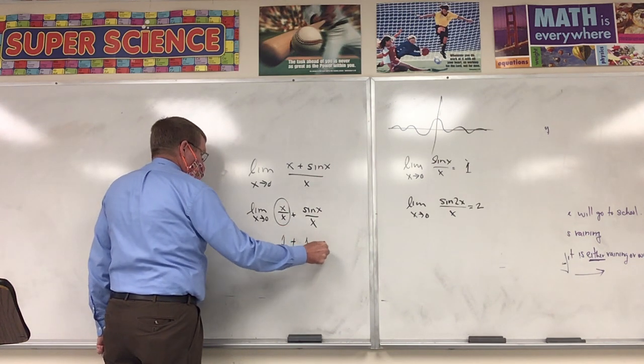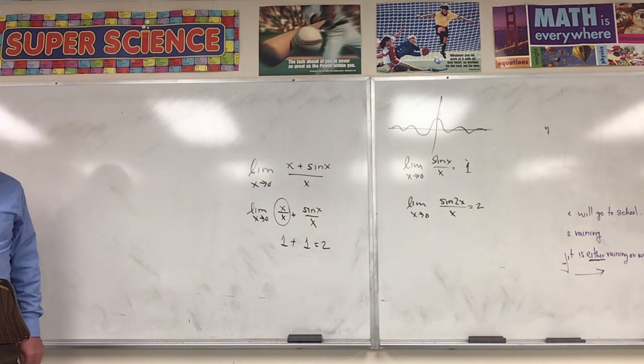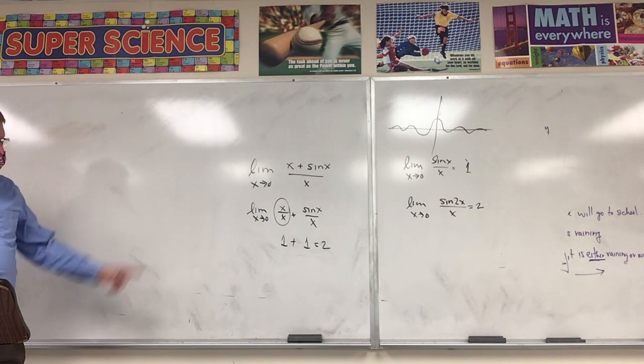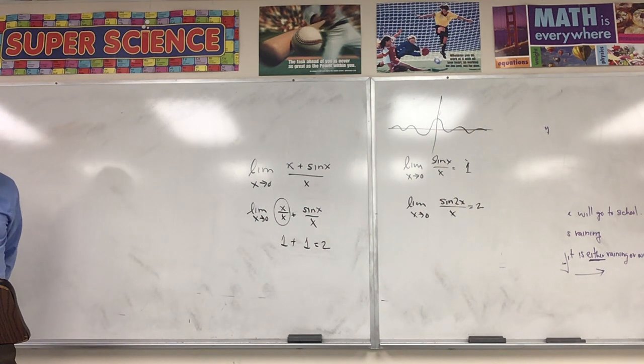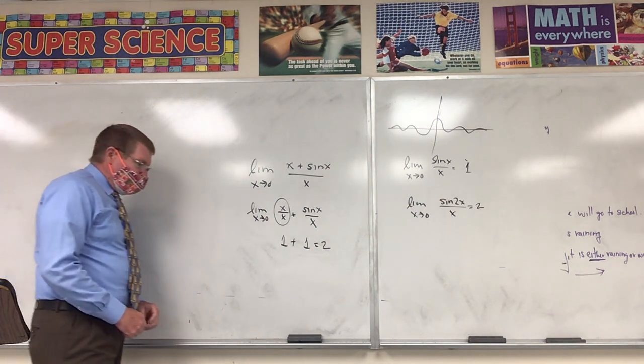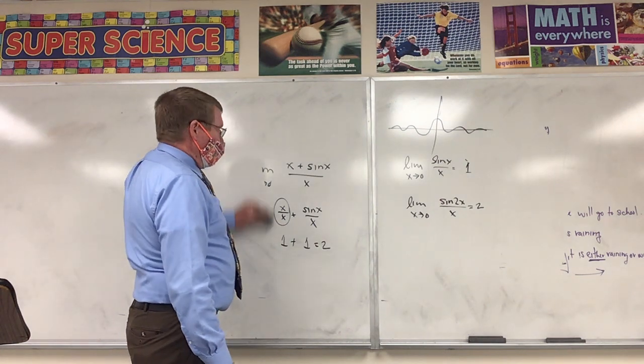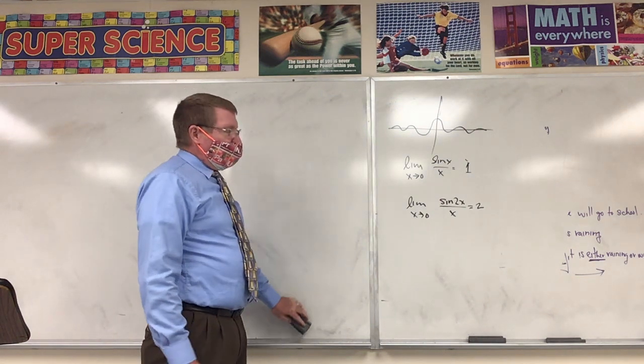I thought you had to substitute, because sine x over x would equal one, but x over x is 0. No, because you have to simplify before you substitute. Anything divided by itself is one, except 0, which is indeterminate.